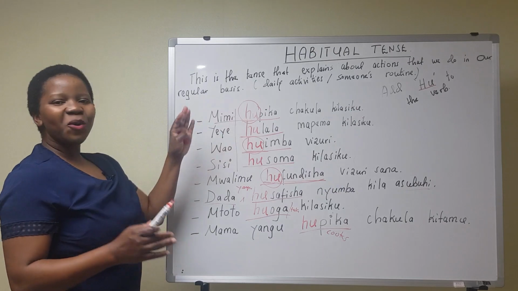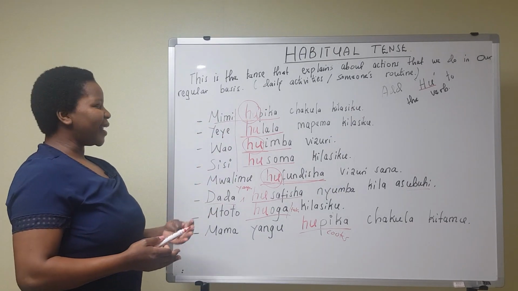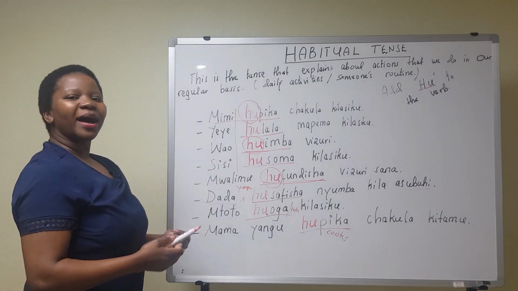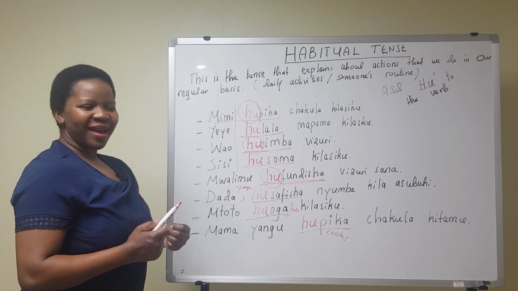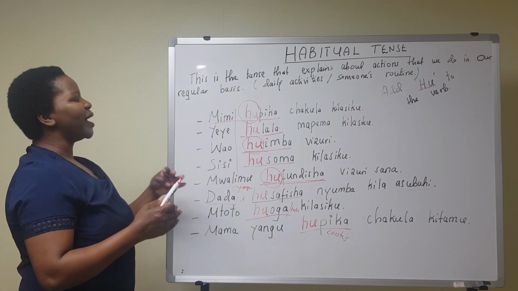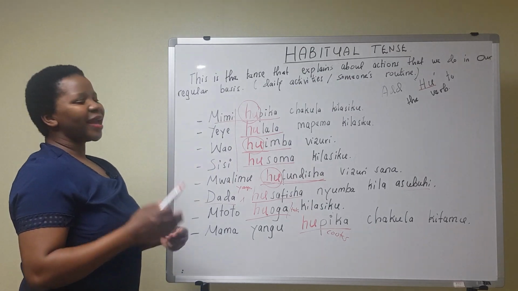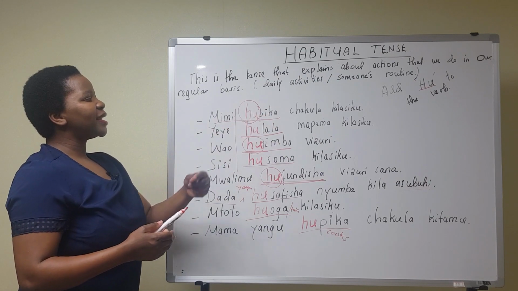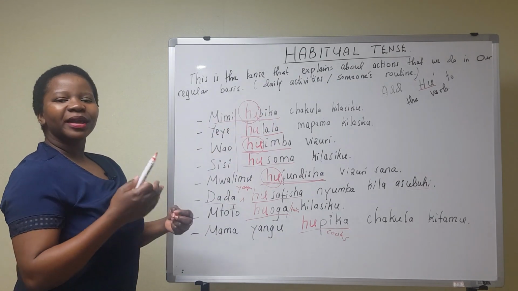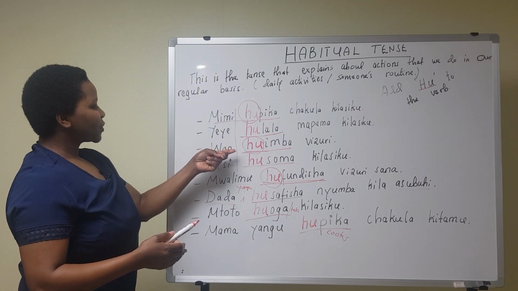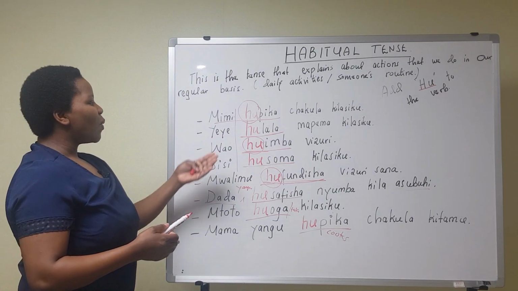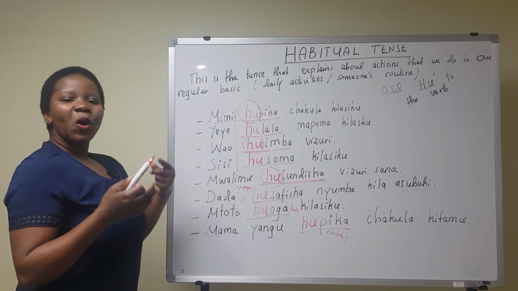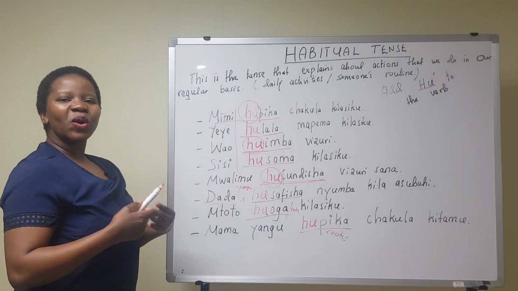Okay, so mimi hupika, I cook; yeye hulala mapema kila siku, he or she sleeps very early every day; wao huimba, they sing; sisi husoma, we read or we study; wewe hukimbia.